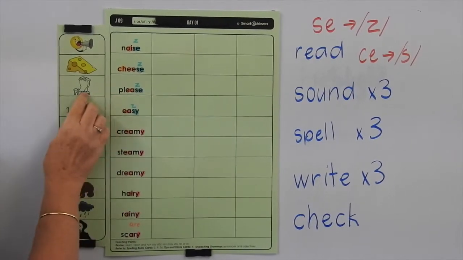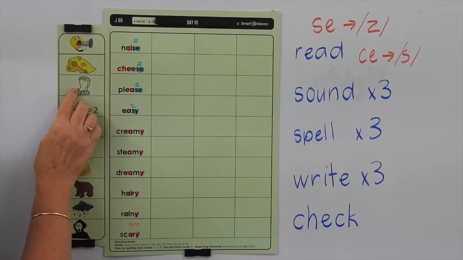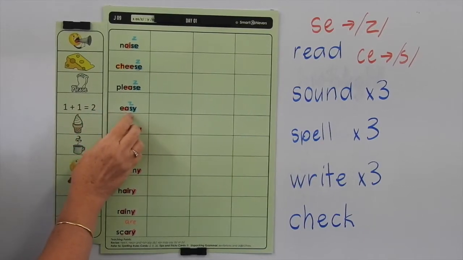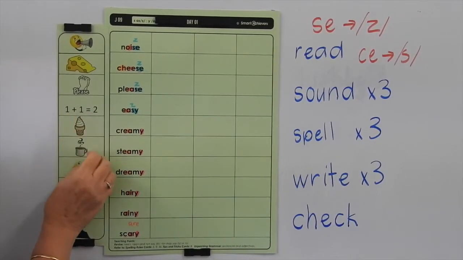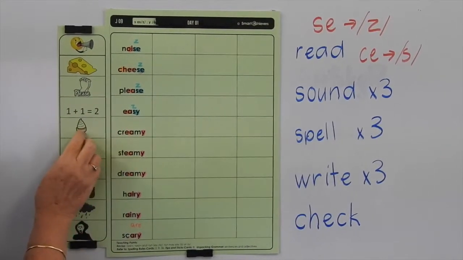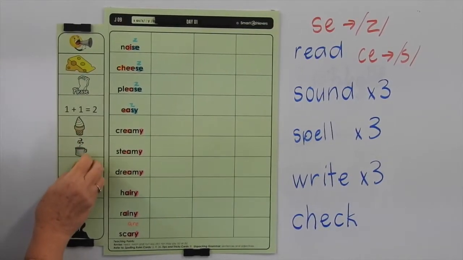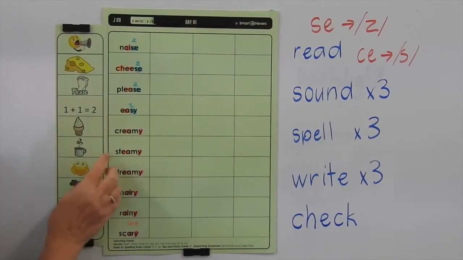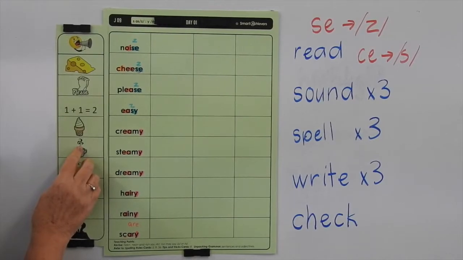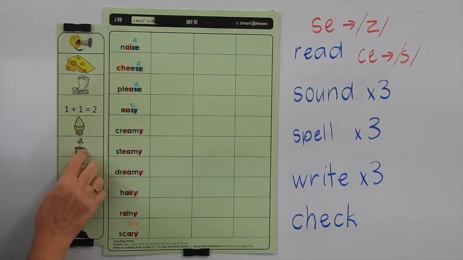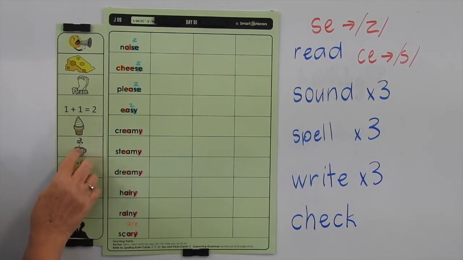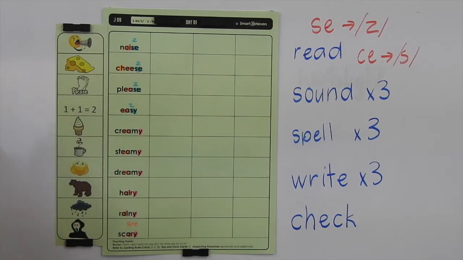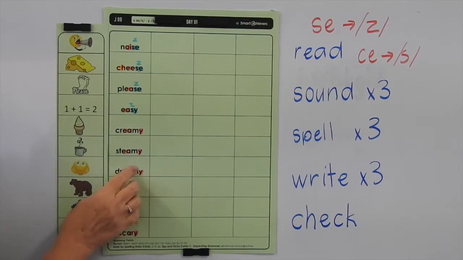Please is when we use good manners and we're asking for something. Easy means something is very simple to do. Creamy means that it's got cream in it and it's very smooth. Steamy means it's hot and there's the air rising from the hot liquid or food or whatever is a little bit cloudy. It's steamy. Dreamy means that you're dreaming of something.